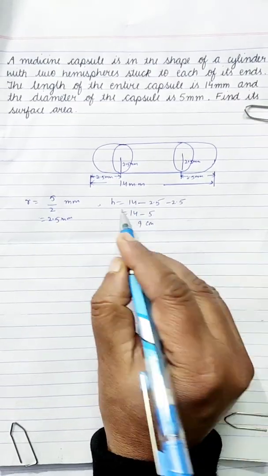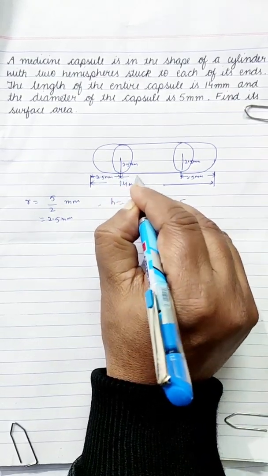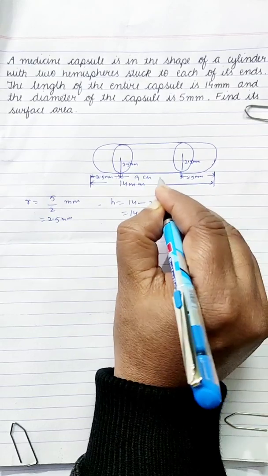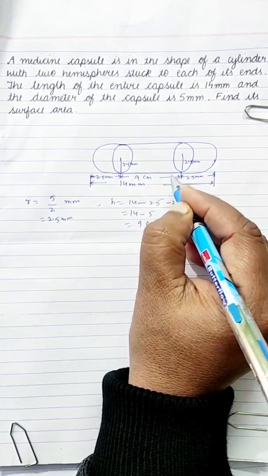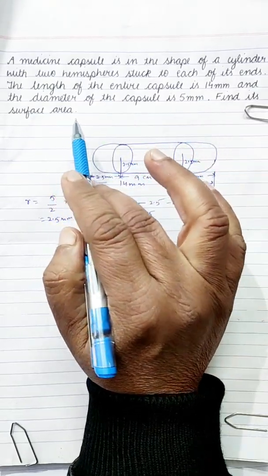So height of the cylindrical part is 9. This part is having a height 9. Now the question is, find the surface area.